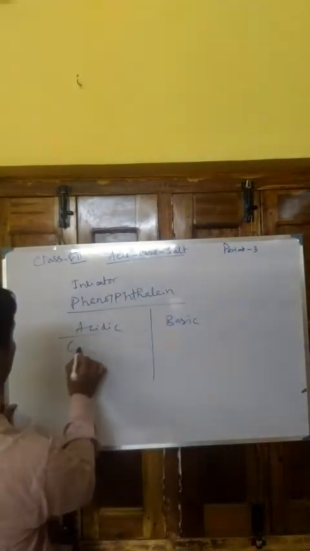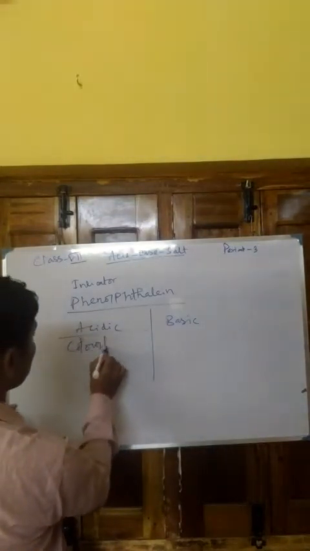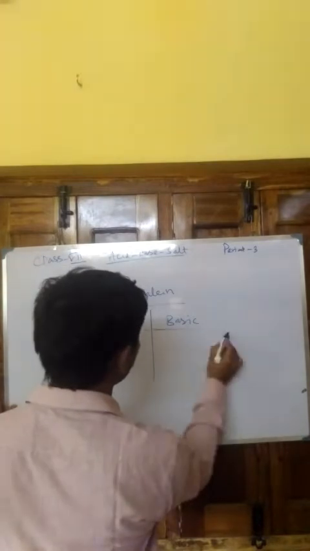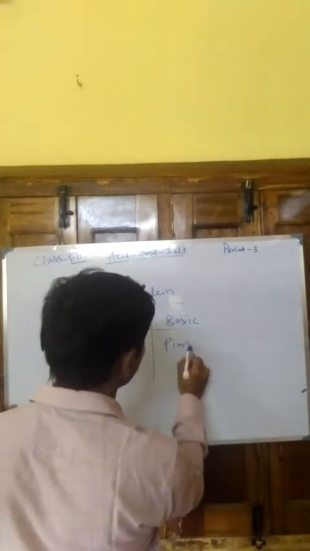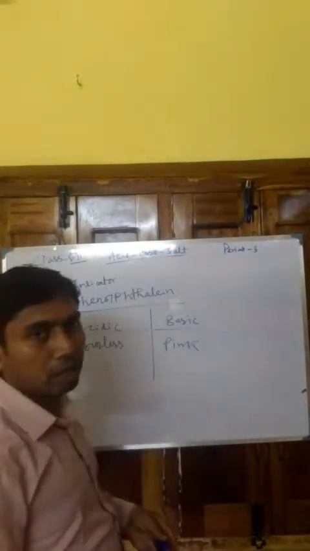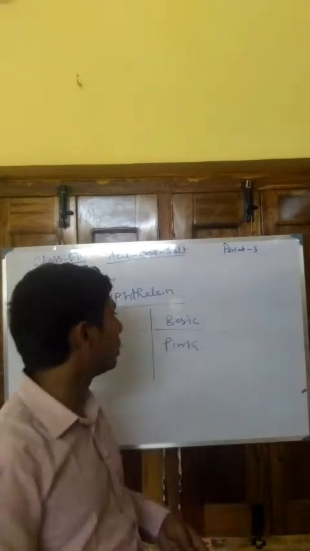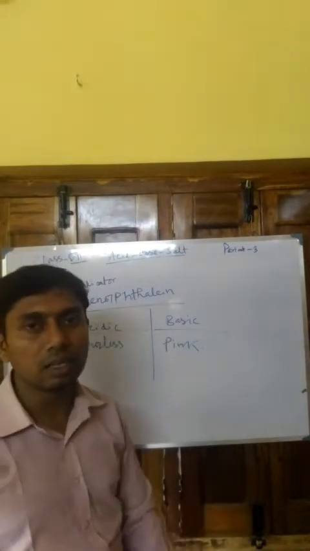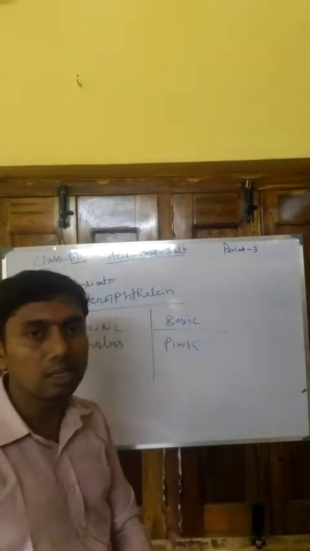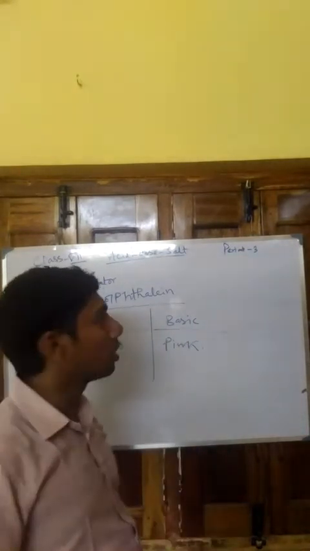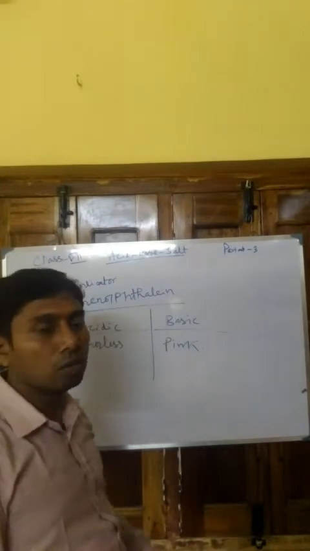Acidic color is colorless and basic color is pink. So phenolphthalein is another artificial indicator. Its acidic color is colorless and basic color is pink. Now using this indicator also we can detect the properties of a solution.